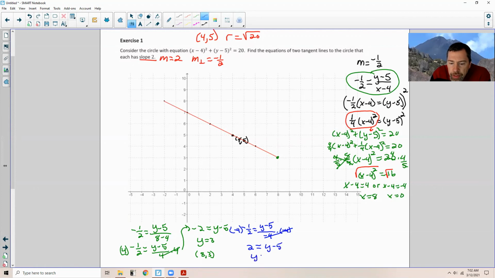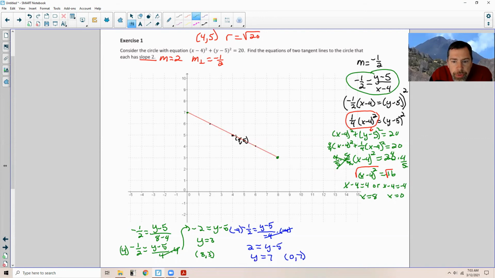Add 5 to the other side, and we get y equals 7, giving us the point 0, 7. So then I put a point right there, and then I'm going to shorten my diameter to there. So there is the diameter of our circle.